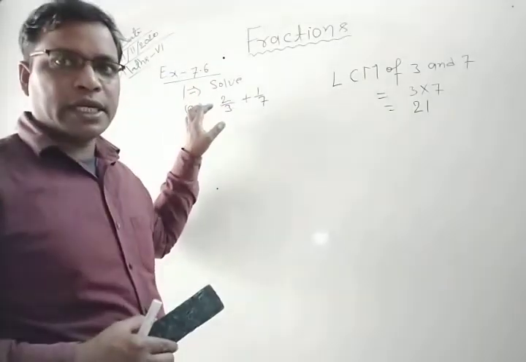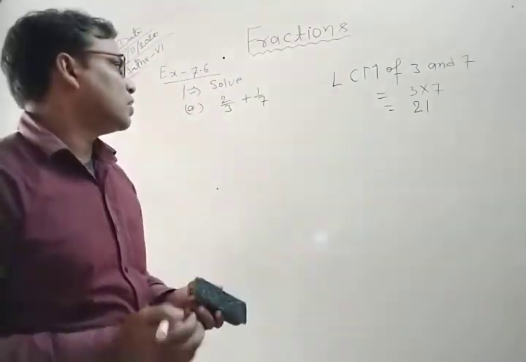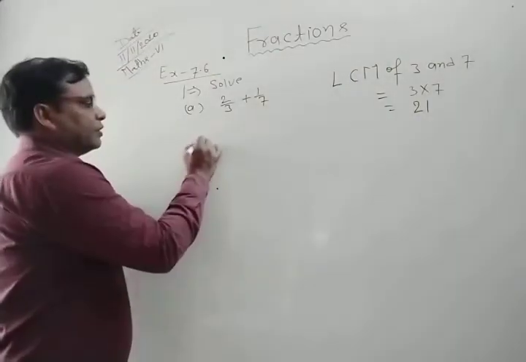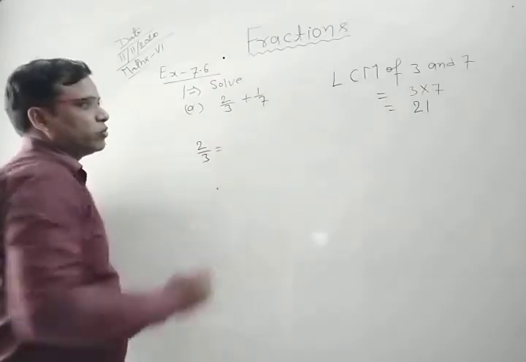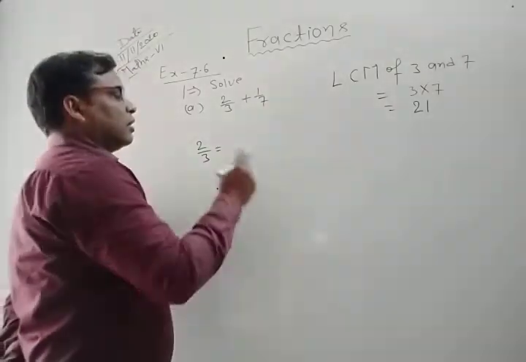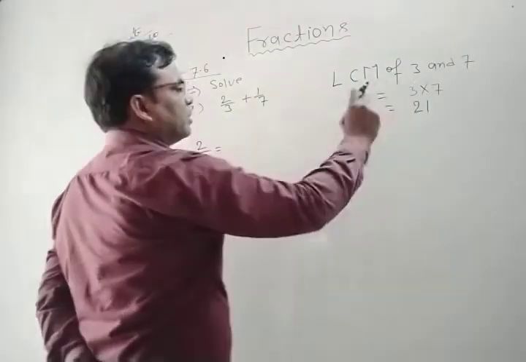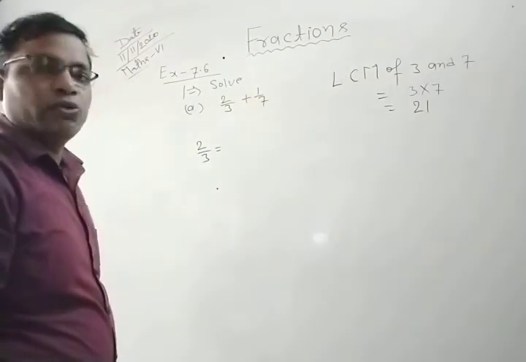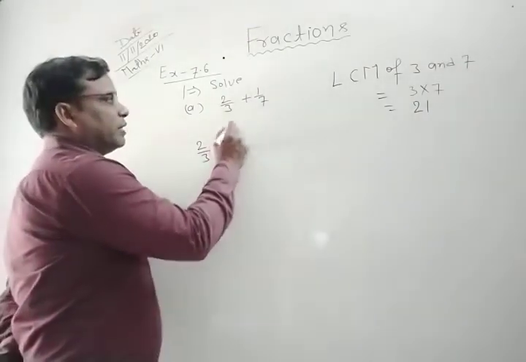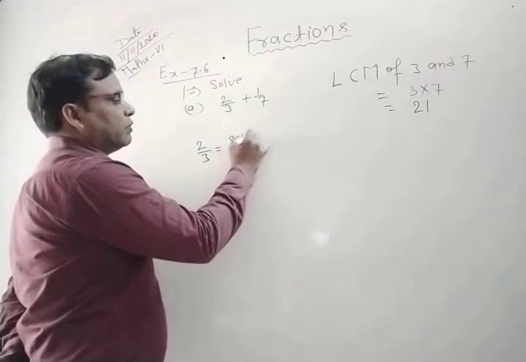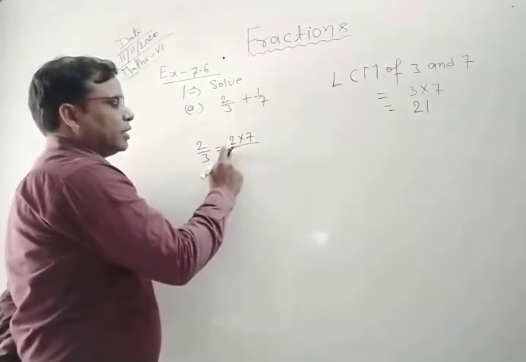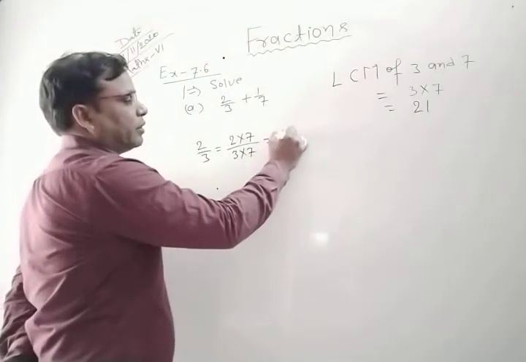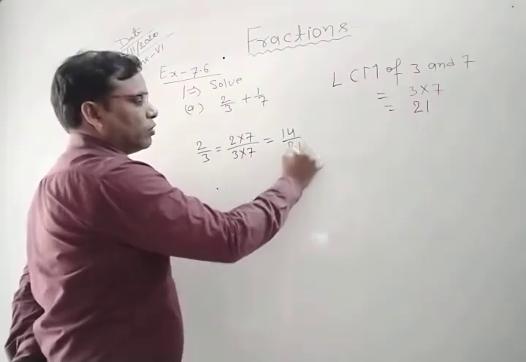These are unlike fractions, not like fractions, so you can solve this by making them like. So 2 by 3 is equal to what? The LCM of 3 and 7 is their product, 21. You multiply the numerator by 7 and the denominator also by 7, then you obtain 14 by 21.